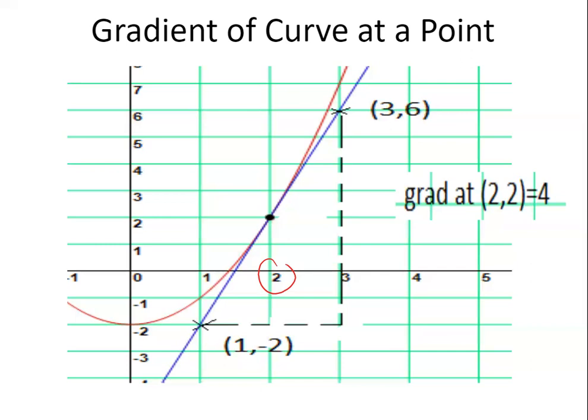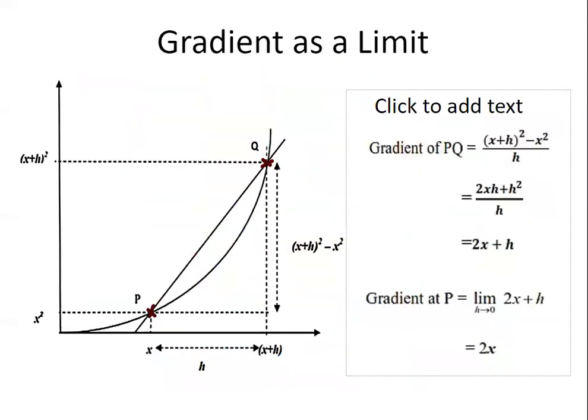And that's the problem that Sir Isaac Newton and Gottfried Leibniz tackled independently. Now, what is the idea they used in order to solve this problem? They used the idea of a limit. Now, what are we talking about here? Let's consider this graph.